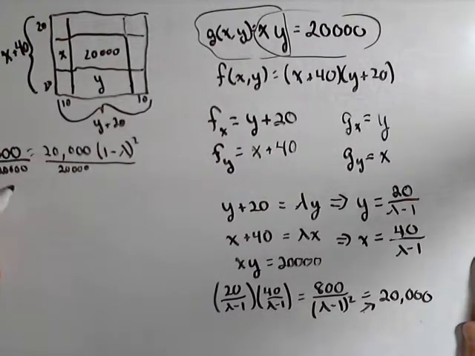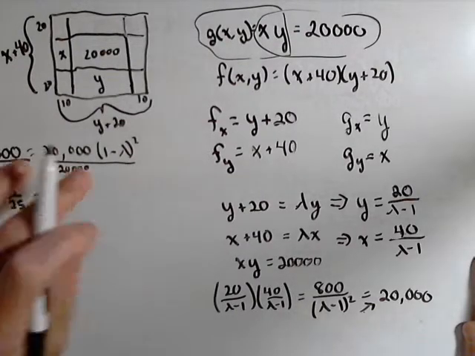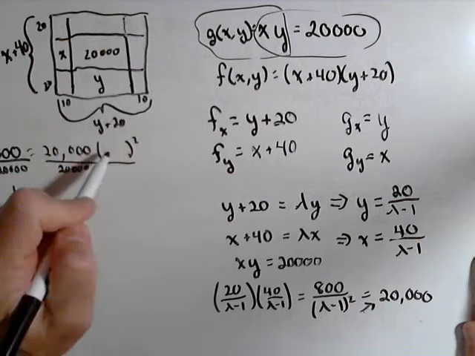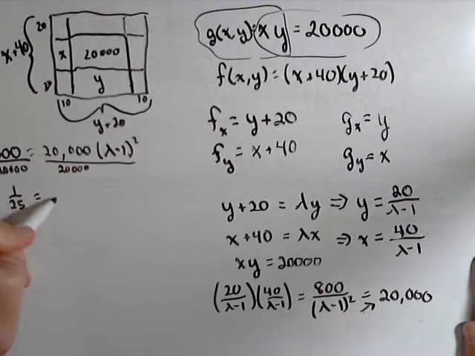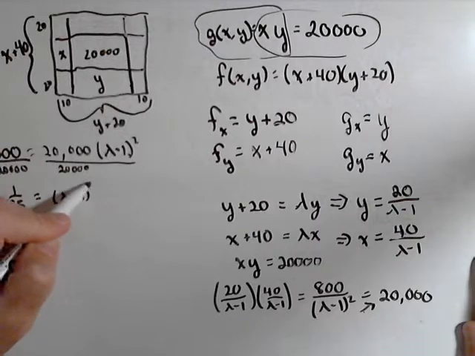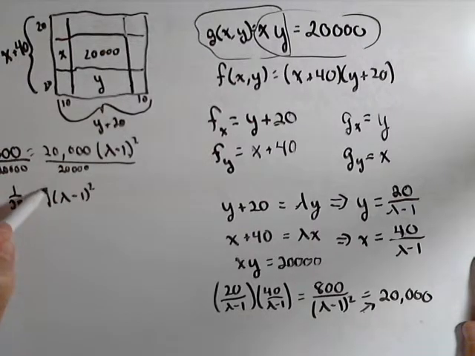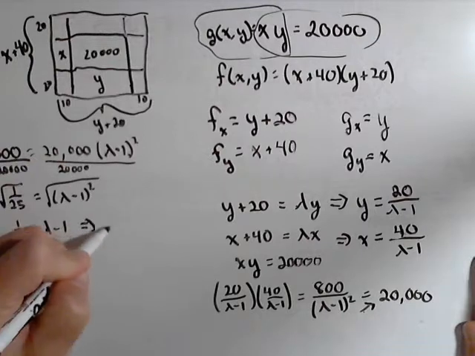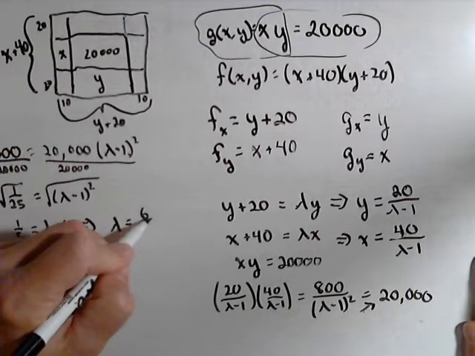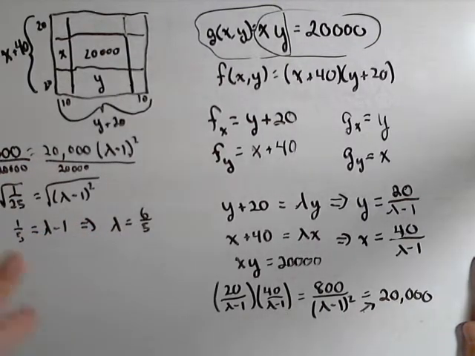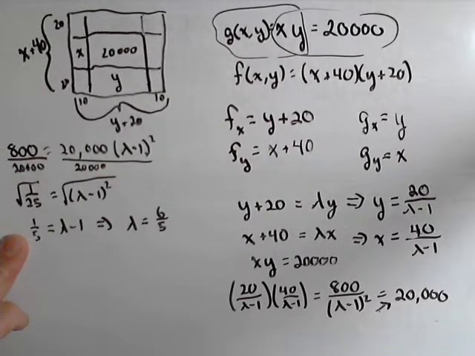It comes to 1/25 equals, sorry, I wrote that backwards, that should be lambda minus 1, equals lambda minus 1 squared. Square root both sides, and we get 1/5 equals lambda minus 1. Adding the 1 over gives us lambda equals 6/5. And we will talk about what that 6/5 means in a little bit.